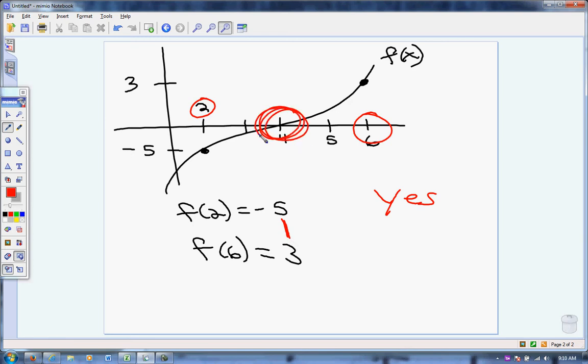So, watch carefully, if I see the y value change from a negative value to a positive value, I know that there has to be at least one place in between where there's a 0. And that's the way we're going to look at these, is we're going to look at table values. All right? So let's look at an example.